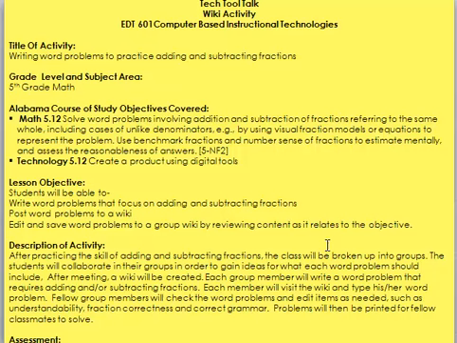Then those groups will collaborate before they get on the wiki and discuss what each word problem should include, of course, meaning the proper information that the word problem needs to include in order to have an adding or subtracting fraction problem. For the assessment, each group member will be assessed based on their participation in the wiki and by the development of the appropriate word problems.